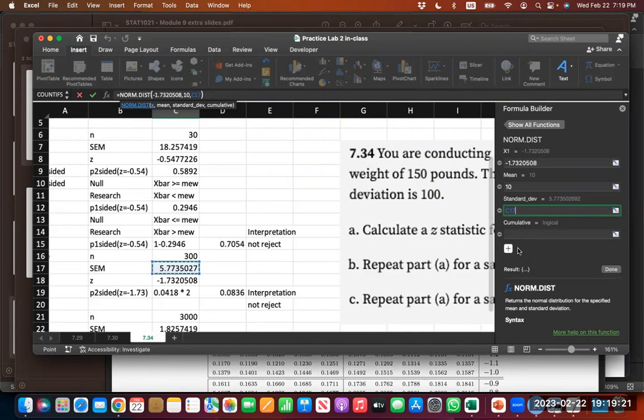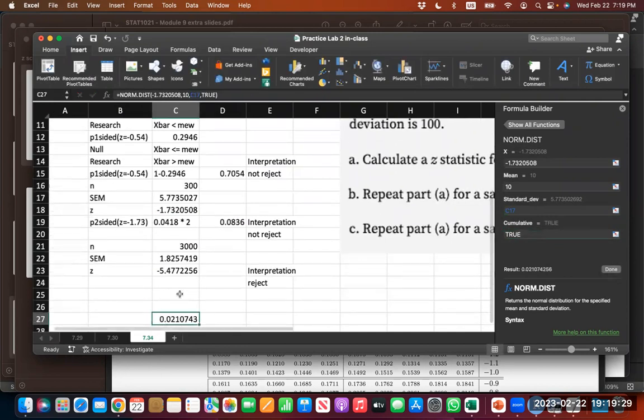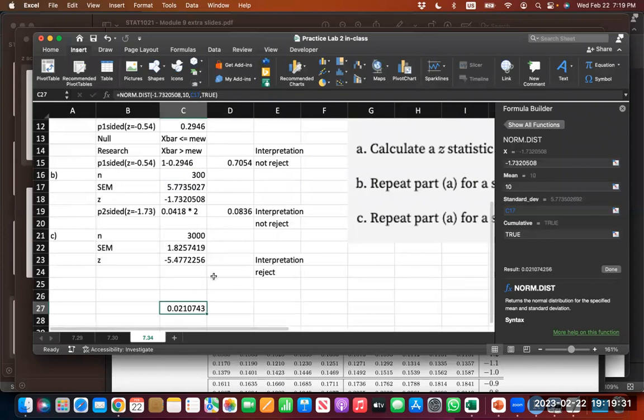The last field is cumulative. If you enter true for cumulative, you get an estimate of what that p-value is.